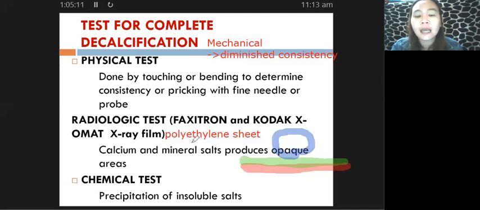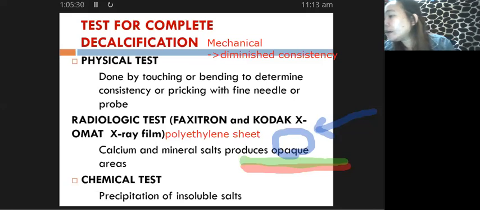We have to expose this to X-ray at 30 kilovolts for 1 minute. I think that's in your handout.